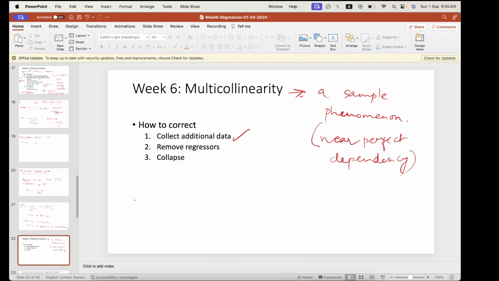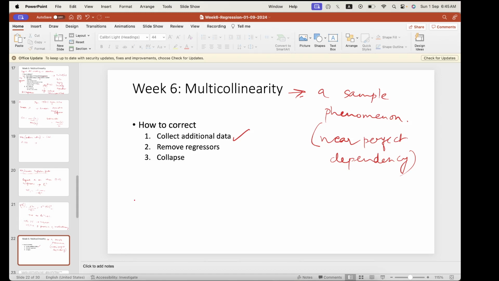If samples don't come up which reflect the actual underlying linear dependency, then we won't have this multicollinearity problem. So it is always a sample phenomenon.